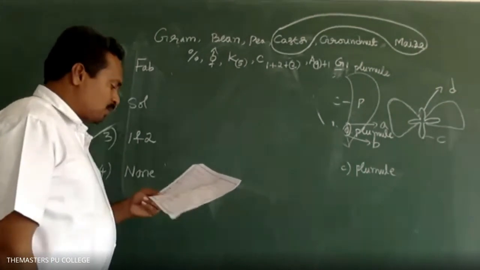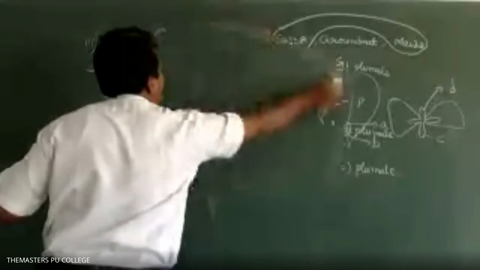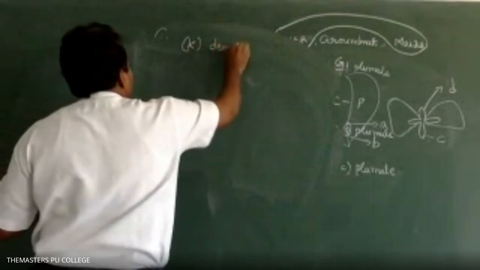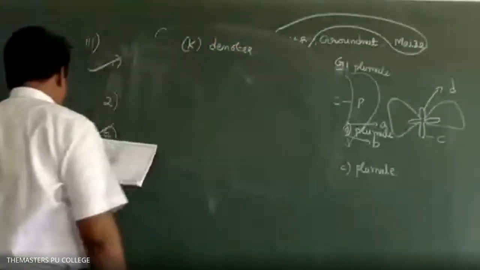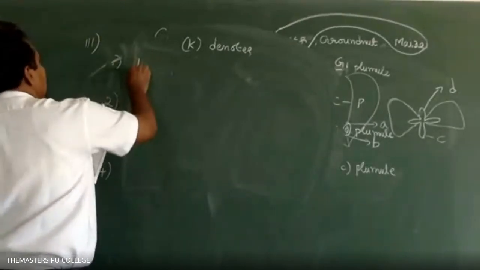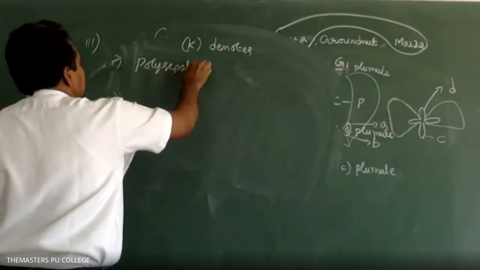Next, in floral formula, K within brackets denotes fused. Very good. Option 1 is polysepalous.